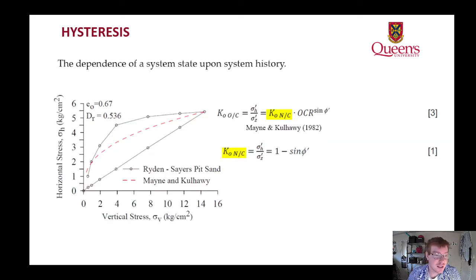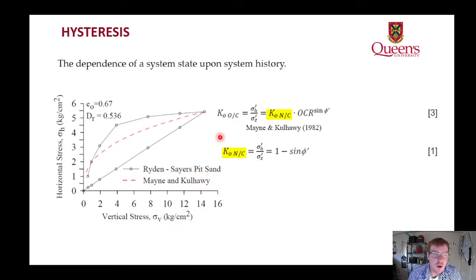So this is an example of a test which has been set up without accounting for sensor deflection or sidewall friction. We have vertical stress, sigma v, and horizontal stress, sigma h, plotted on the x and y axis respectively. And these are some real tests done on a pit sand.